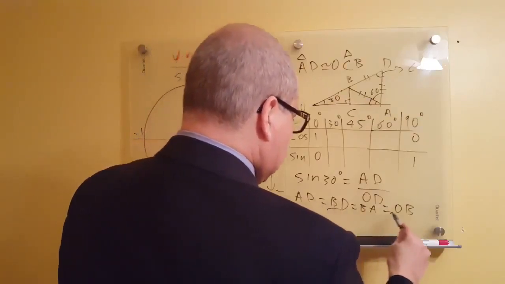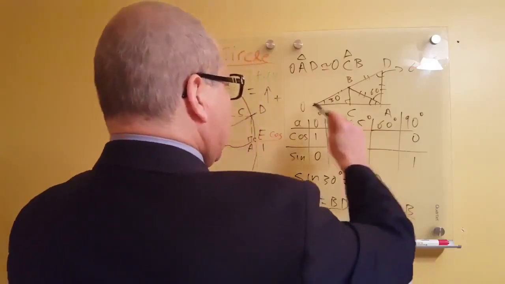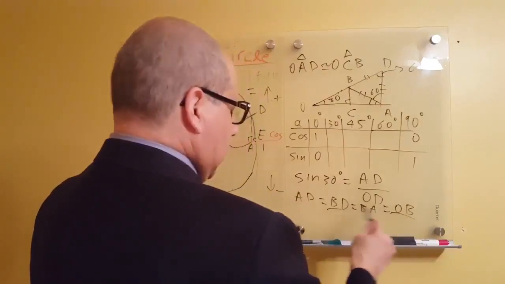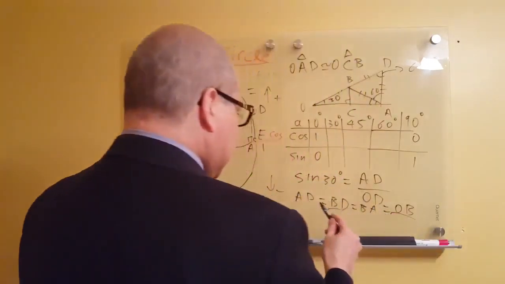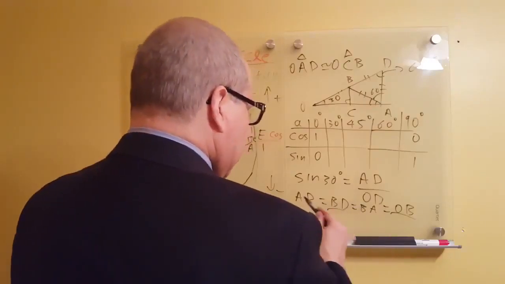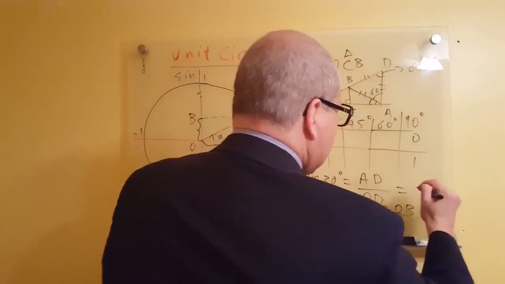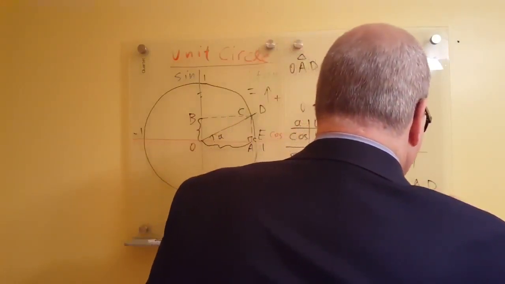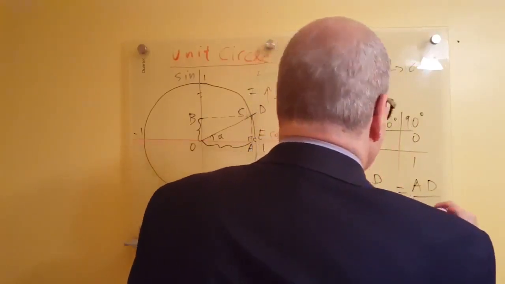I mean, since this and this are equal, and the OD is this plus this, and since all of them are equal, it will make, let's say, 2BD or 2AD. So this here should be AD over OD, which we said is 2AD.